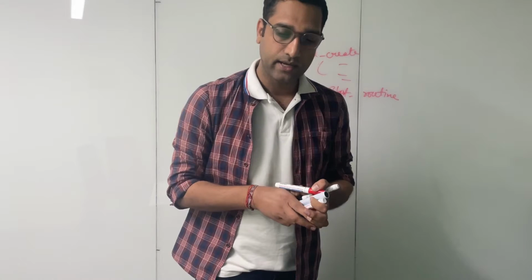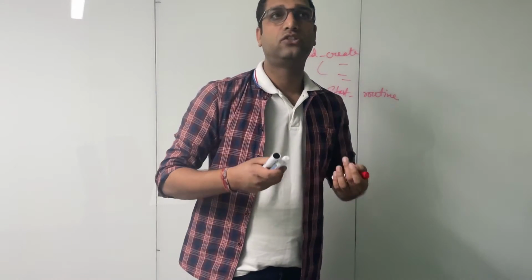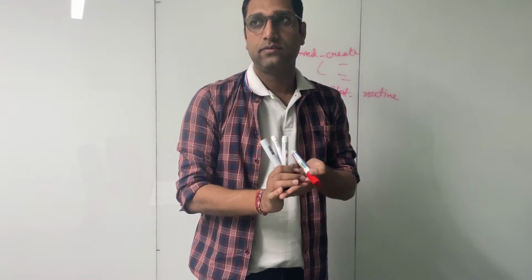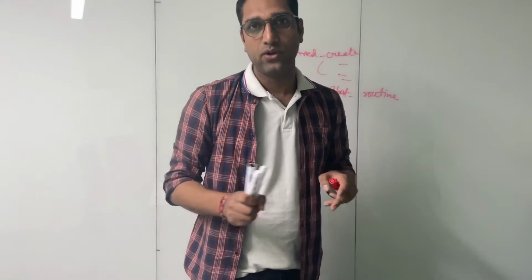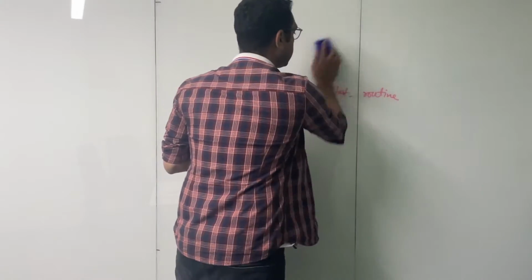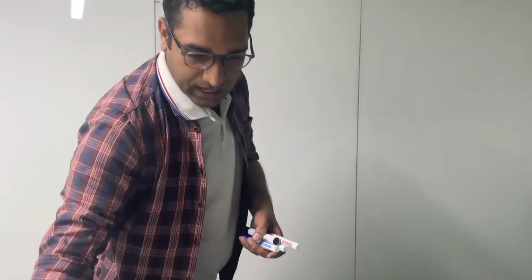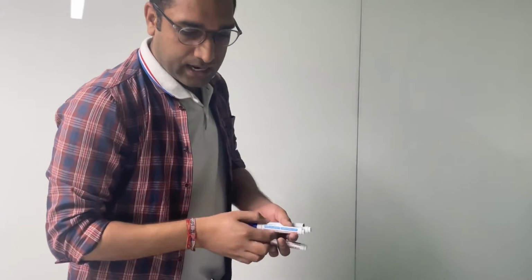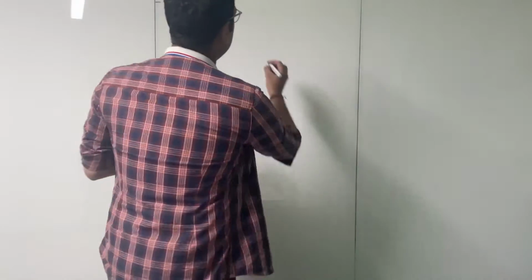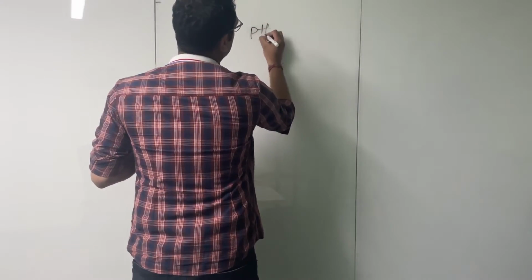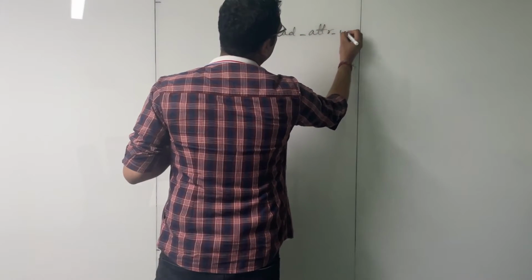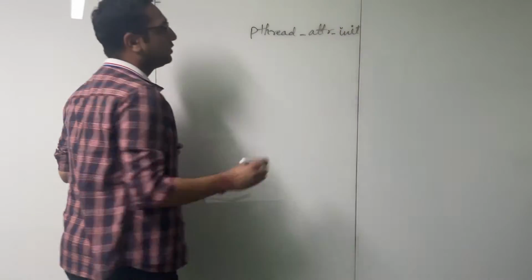Another thing is that I'm going to give you a general series of steps that will always be how you work with attributes. In general, step one would be to create an attribute object and call pthread_attr_init.